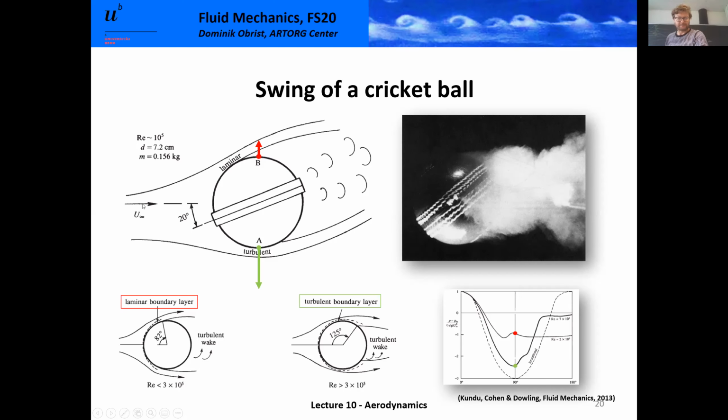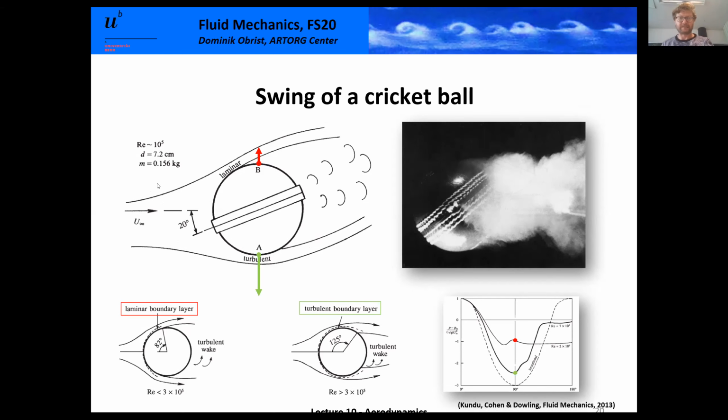Why does he do that? Well, think back to what I told you about the golf balls, the dimples, they may trip the boundary layer. That's exactly what is happening here. Because in this configuration, given the size of the ball and the speed with which the ball is thrown, we are at a Reynolds number below the critical Reynolds number of 300,000 for the drag crisis.